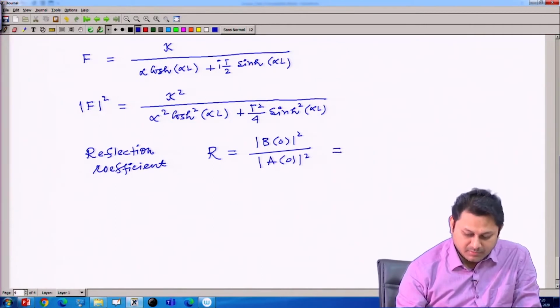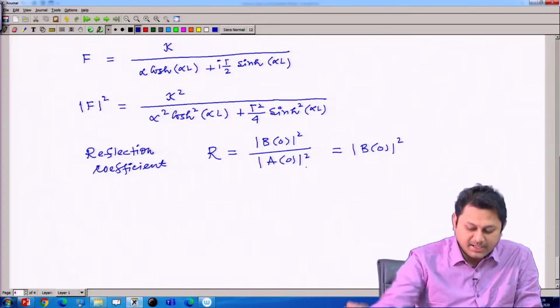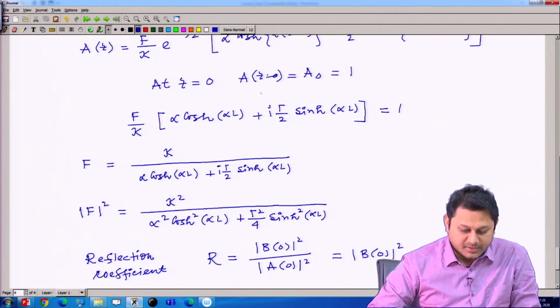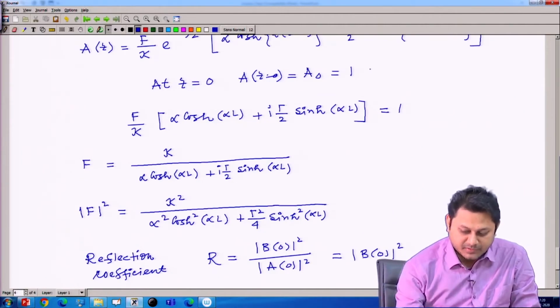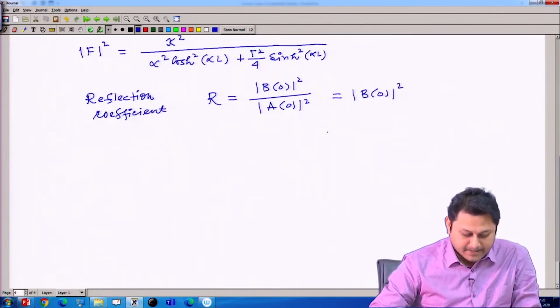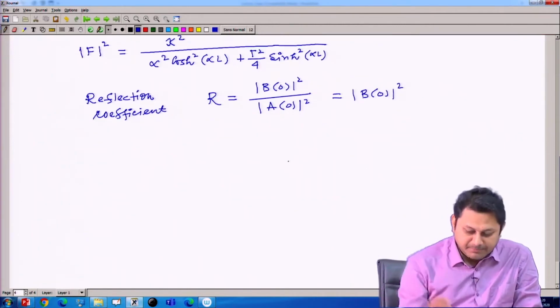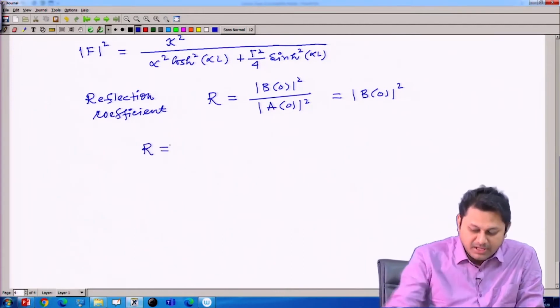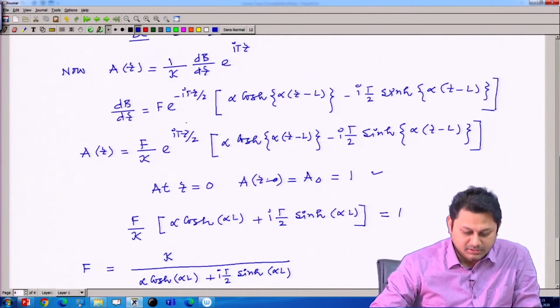So, which is simply mod of B 0 square, because mod of A 0 square is nothing but 1 as per this condition. So R is simply, B I already figured out here.